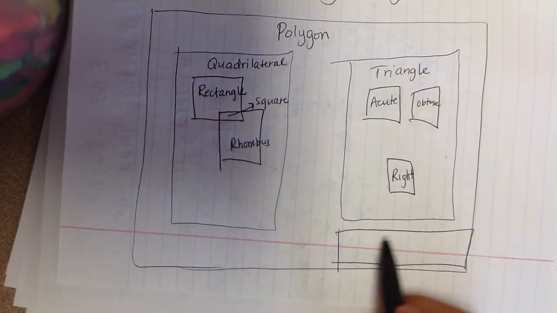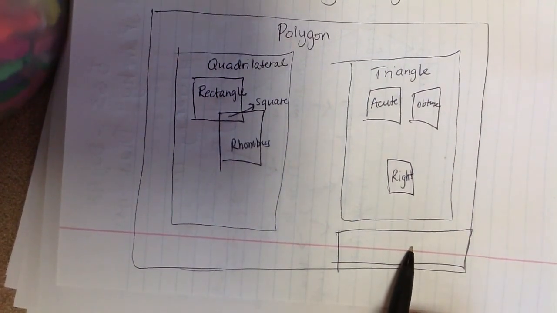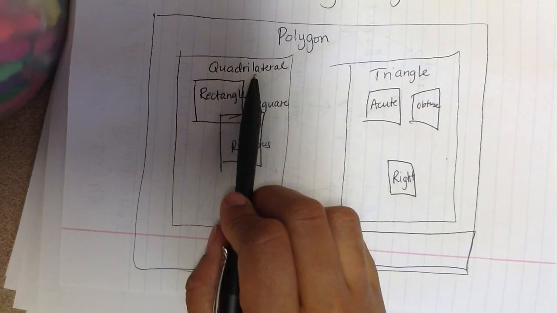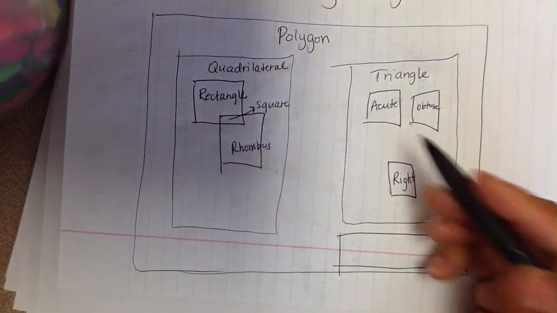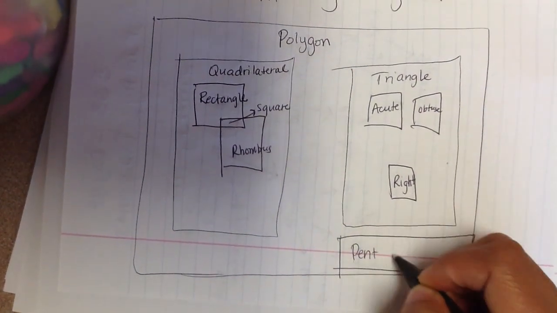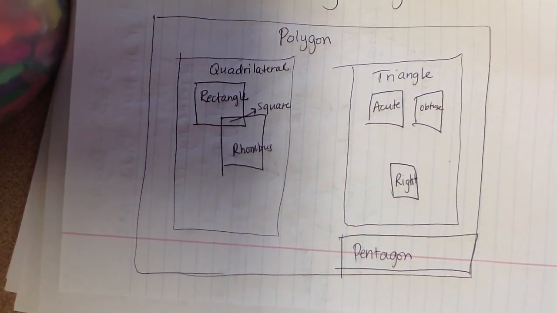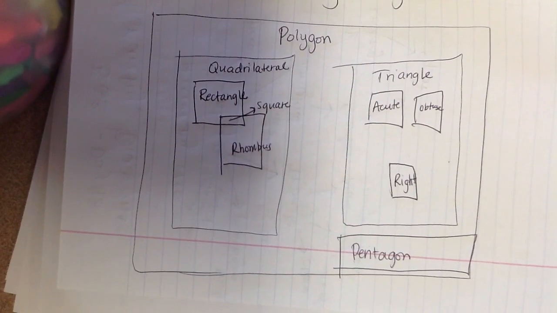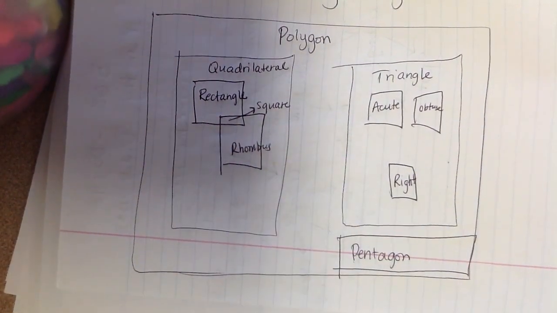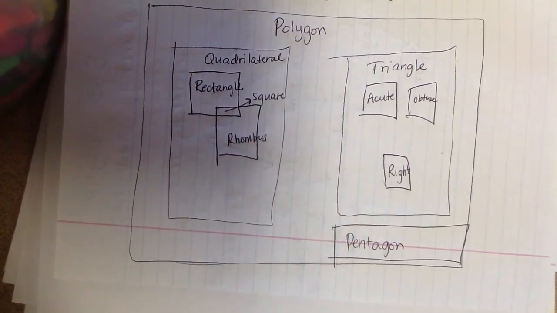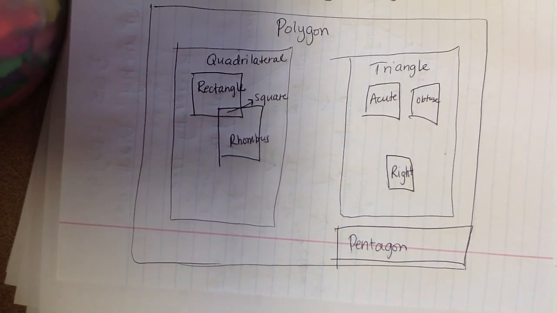Now this box right here by itself would have to be something that's a polygon, but is not a quadrilateral and is not a triangle. That could be something like a pentagon, or a hexagon, or an octagon. It would have to be something that has more than 4 sides, okay, that you could put down here. And I just put a pentagon in my example. If you wanted to put a different shape, you absolutely could.